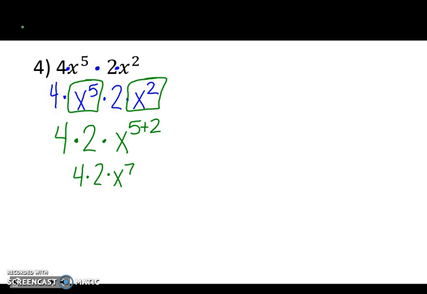Now because I still have 2 whole numbers in here, and it's a multiplication problem, since I can evaluate 4 times 2, we have to go ahead and simplify that. So 4 times 2 is going to be 8. So our final answer is 8 times x to the 7th.